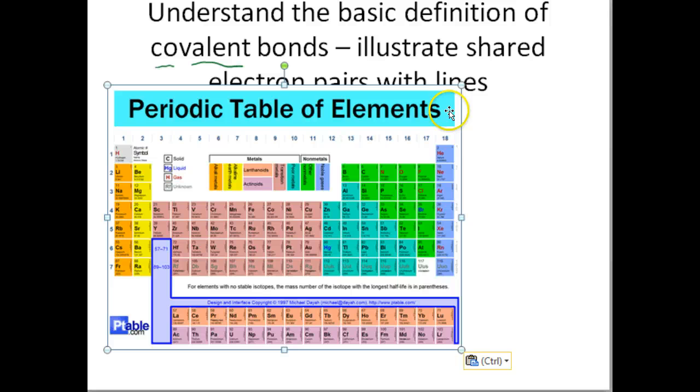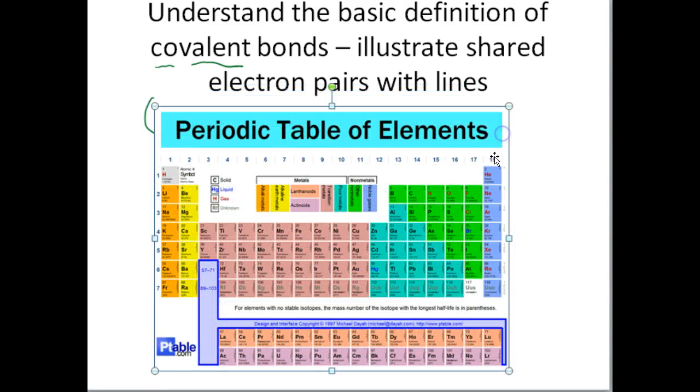So back to our periodic table. Covalent bonds take place between two nonmetals. So in this case, neither one of the elements involved is really ready to give up its valence electrons. It's still going to hold on to it. It would take a lot of energy to pull it away.